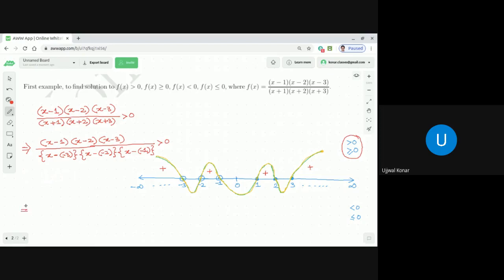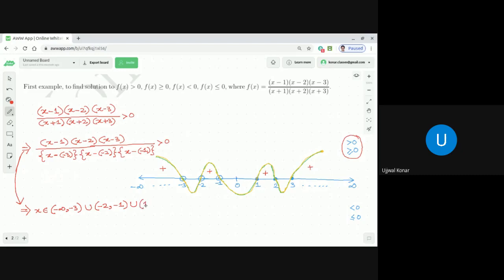This implies x belongs to minus infinite to minus 3, then union. What is the next interval where it is above the number line? From minus 2 to minus 1, na, dear students? So union minus 2 to minus 1. Then union, the next interval: 1 to 2.